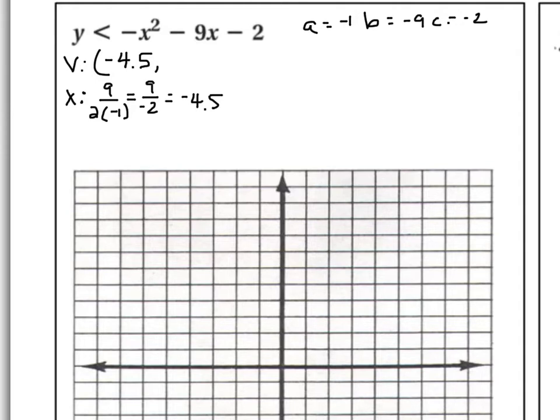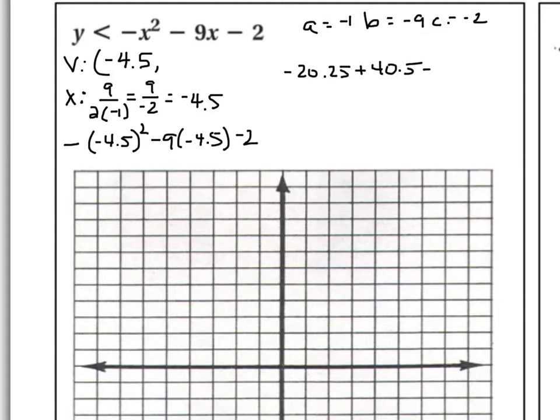Now I'm going to take that negative 4.5 and plug it in. So I've got the opposite of negative 4.5 squared, minus 9 times negative 4.5, minus 2. Negative 4.5 squared is 20.25, so I've got negative 20.25, and negative 9 times negative 4.5 is positive 40.5, and minus 2.